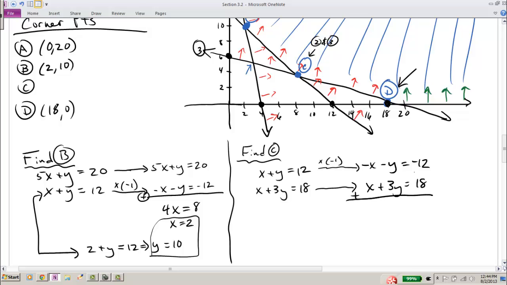Adding these together gives us 2y equals 6, and that means that y is equal to 3.